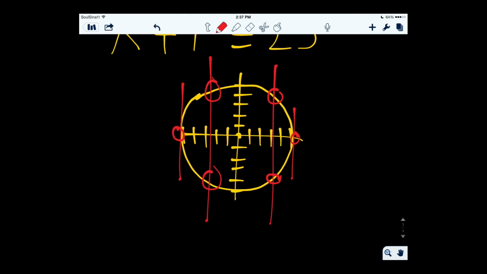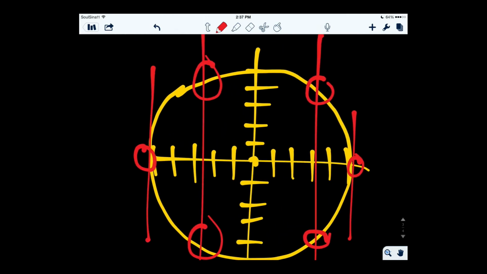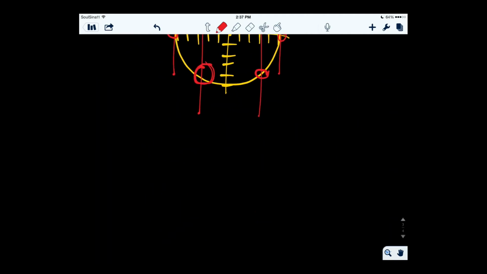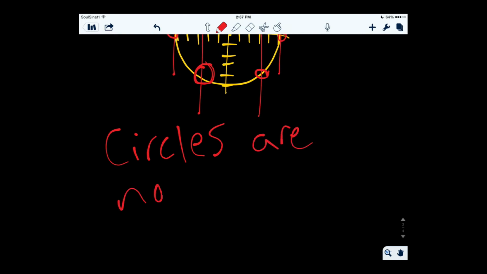But notice, the vertical line test means that if we draw vertical lines at any point on the curve, it should only intersect at 1 point. We already have 2 points with this one vertical line. Therefore, circles are not functions.